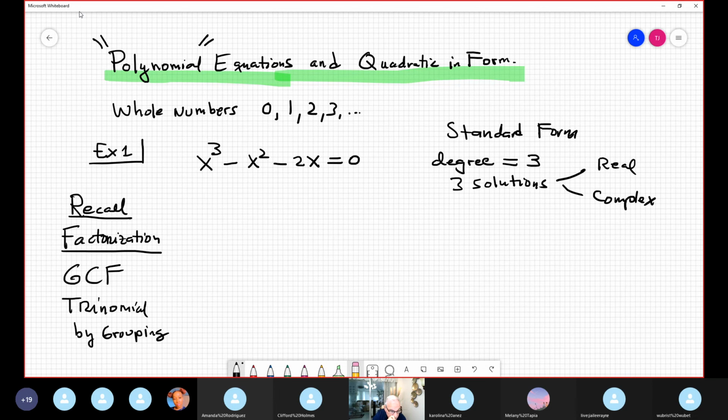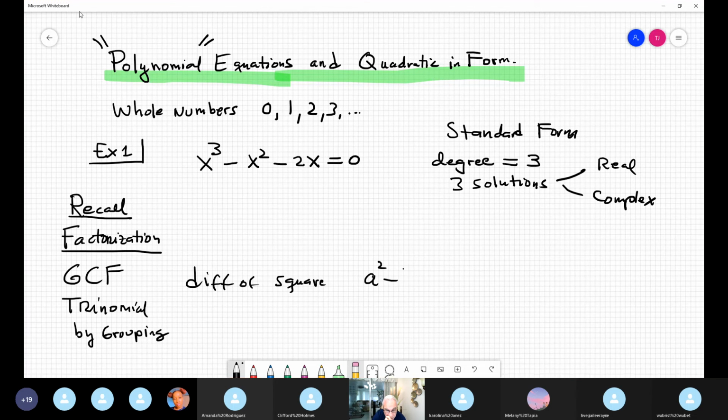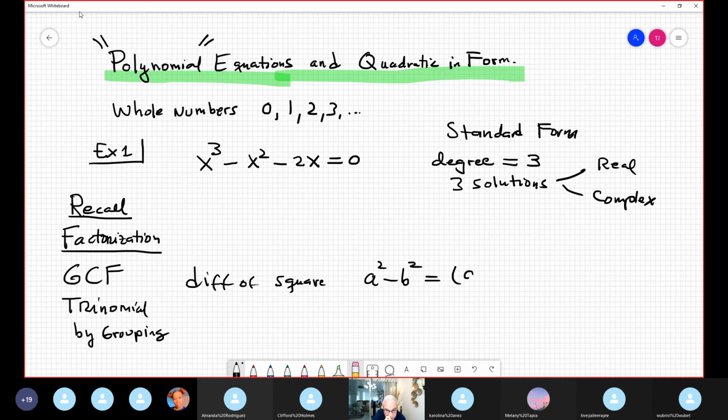I want to record everything now and then do several examples. And why not the difference of squares. Let me copy the formula that you are supposed to remember very well. A squared minus b squared, the factorization is (a plus b)(a minus b).